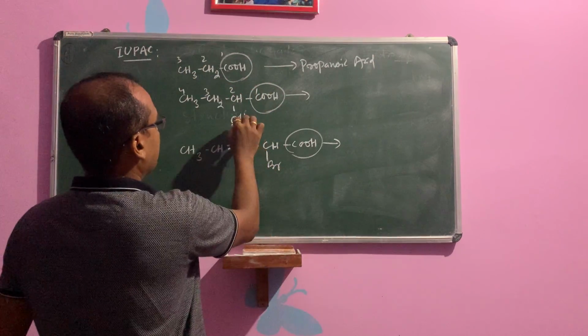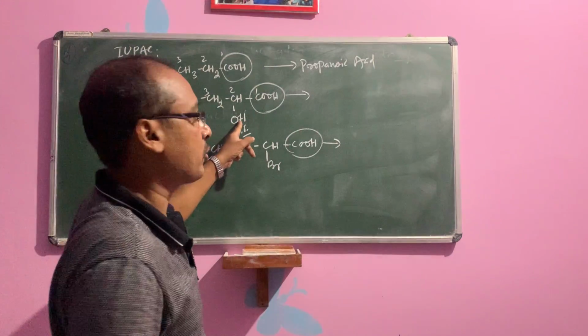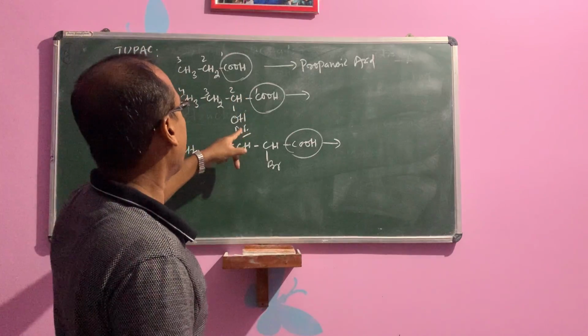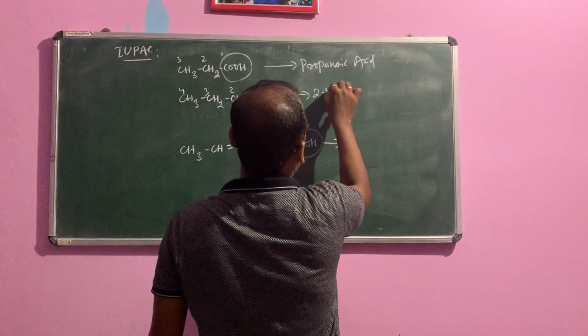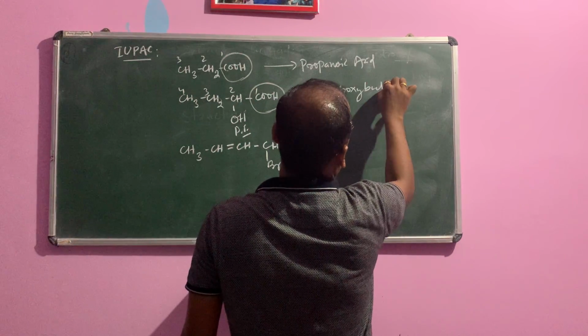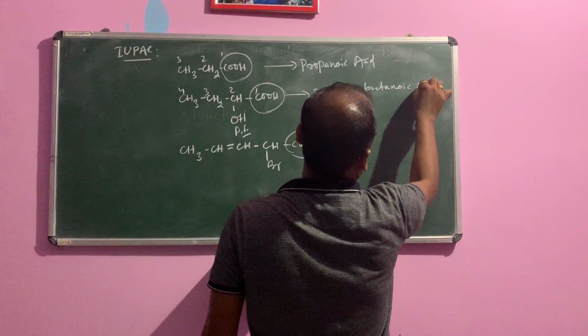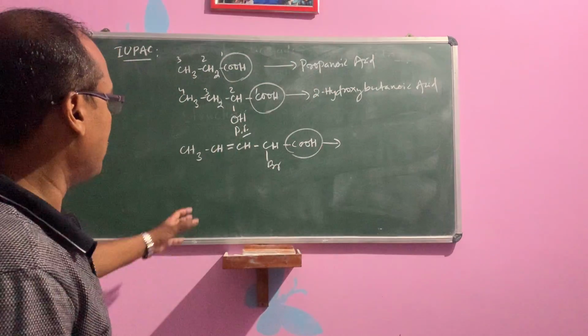So this is your prefix. So prefix OH is hydroxy, position 2, 2-hydroxy. 1, 2, 3, 4, butanoic acid, 2-hydroxybutanoic acid.